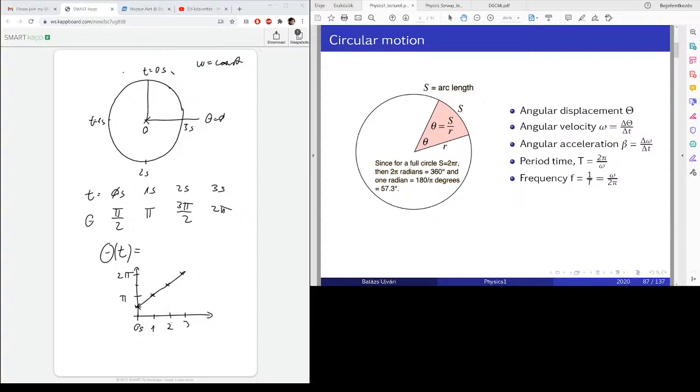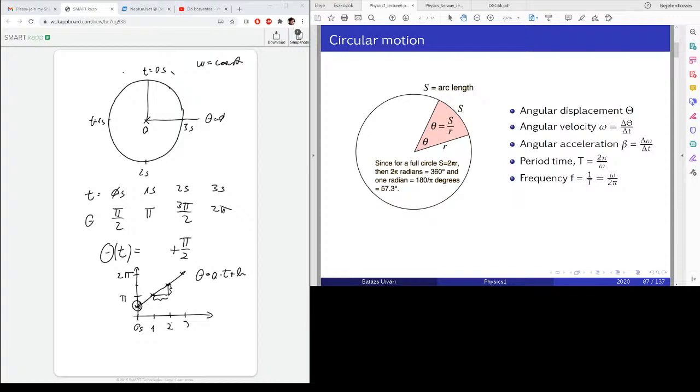The straight line has two parameters, a times t plus b. How can we find b? b is technically here, the theta at t equals 0, so it should be plus pi over 2. And what is the slope of this straight line? If you go 1 unit right, you go up pi over 2.